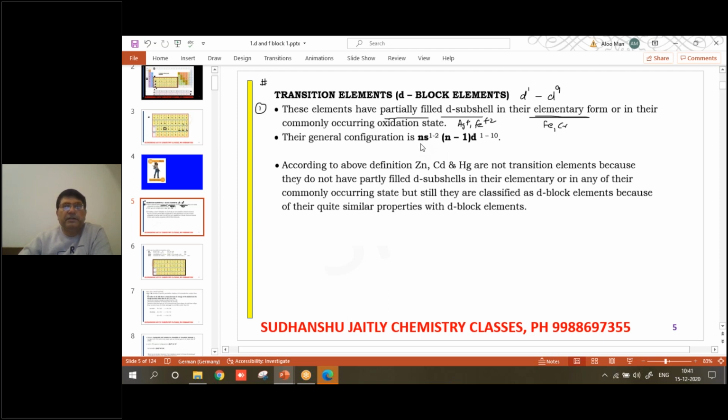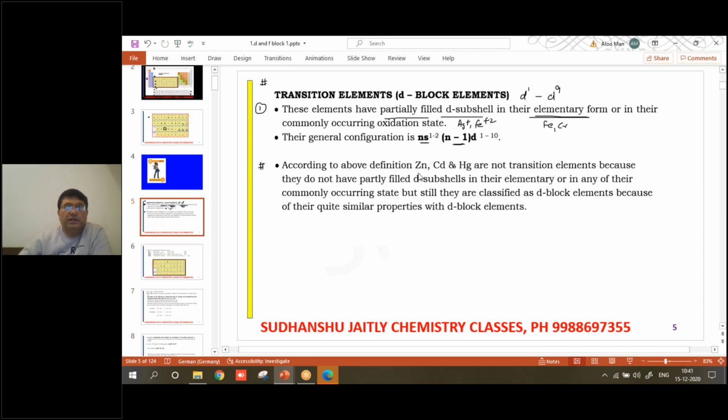Their general configuration is the last shell and the penultimate shell, which you call the second last, 1 to 10. Copper, chromium, silver, gold-like elements have one electron in the s subshell because of anomalous configurations.